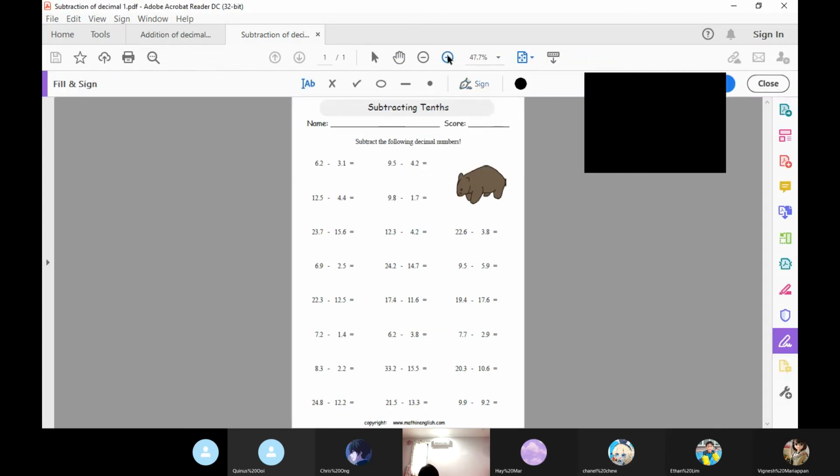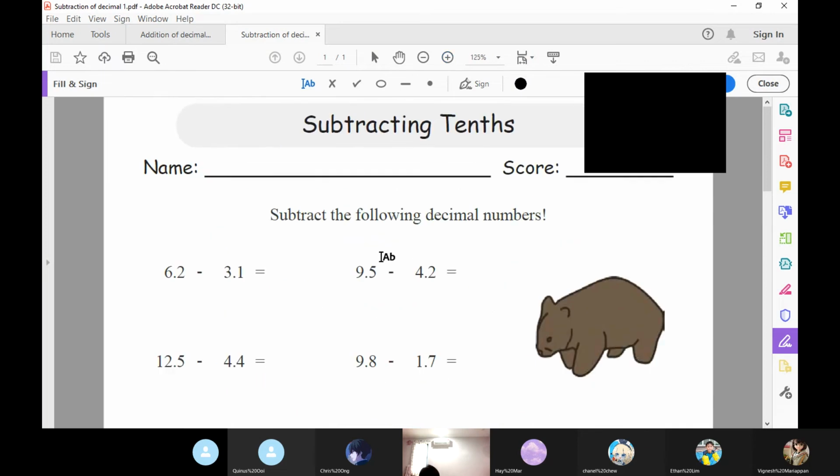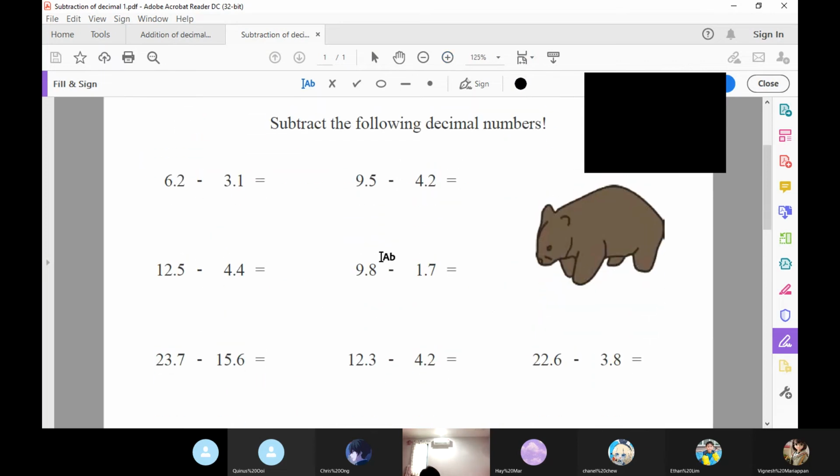Okay, how to edit this one? Number 1. I think Hema, you can show them how to do.